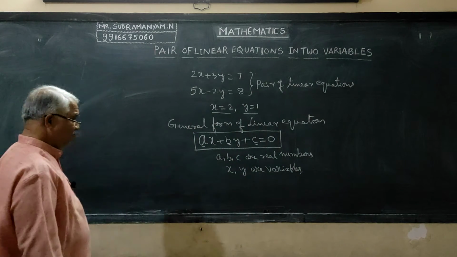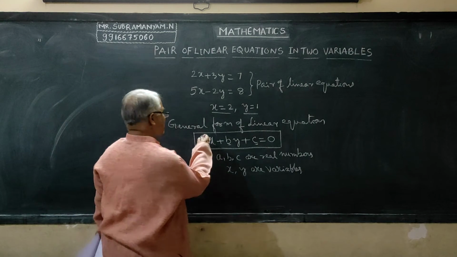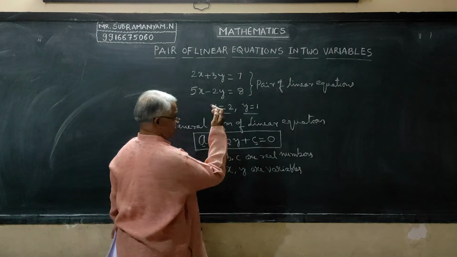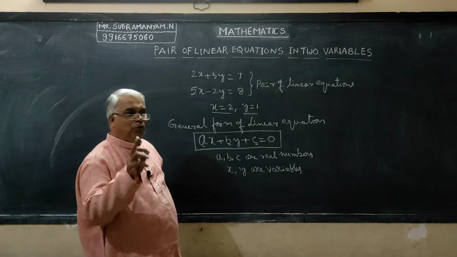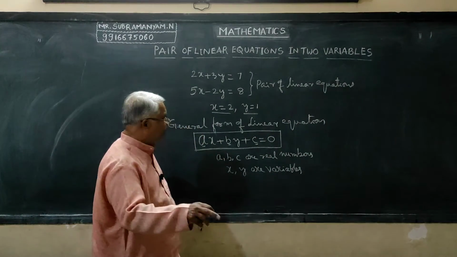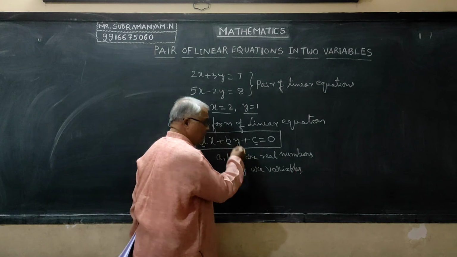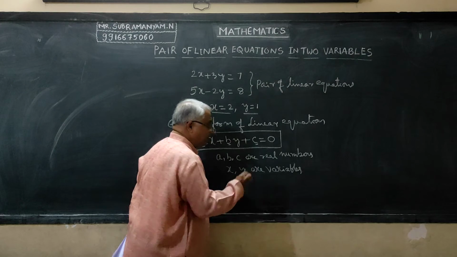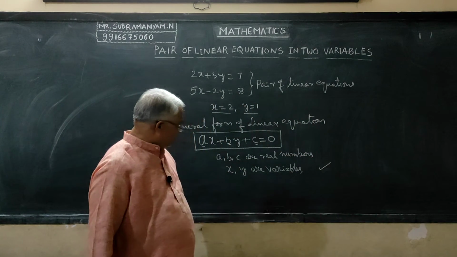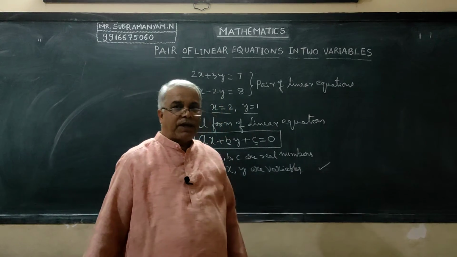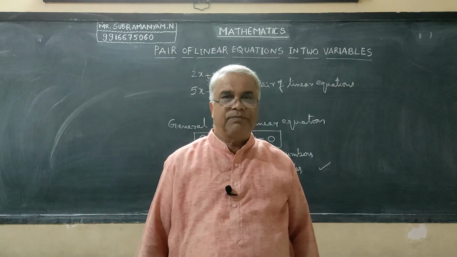Suppose if a linear equation is given, you must be in a position to identify what is the value of a, what is the value of b, what is the value of c, and which are the variables. So, in the equation, we are going to find the values of a, b, c and variables.